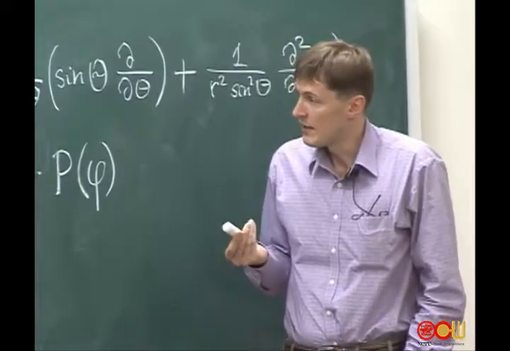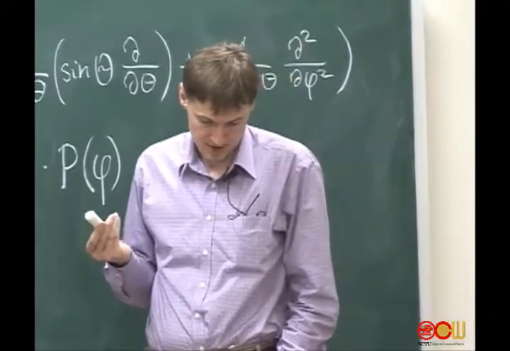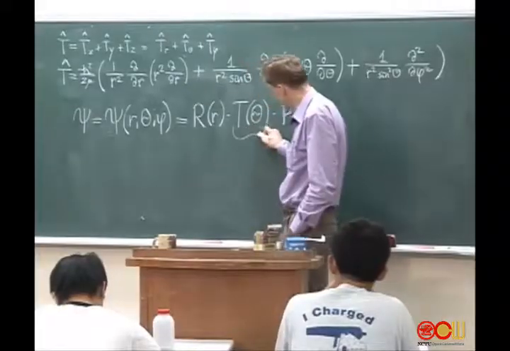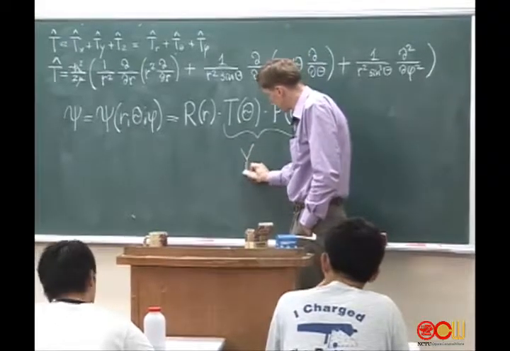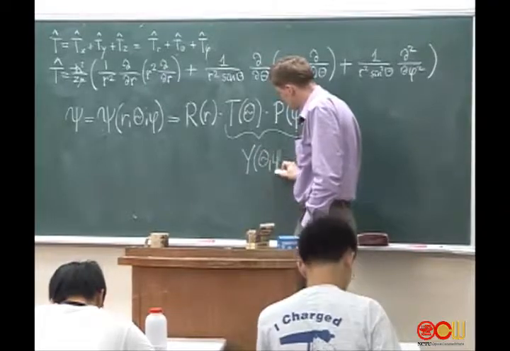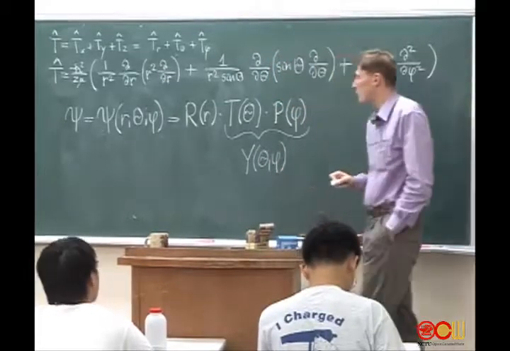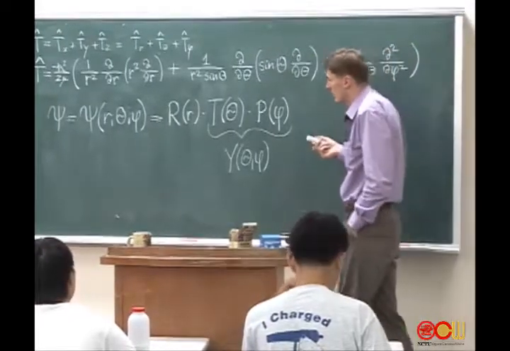Okay, now you can get the equations, and very often, and I guess your textbook does the same, these two are denoted by the letter Y, and it's a function of two angles. It doesn't matter really.